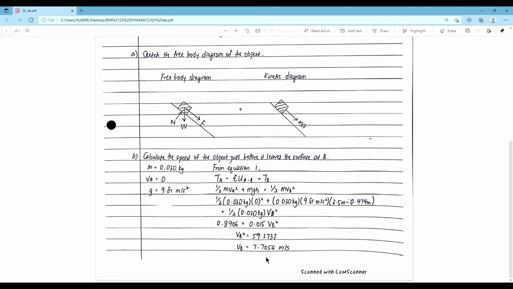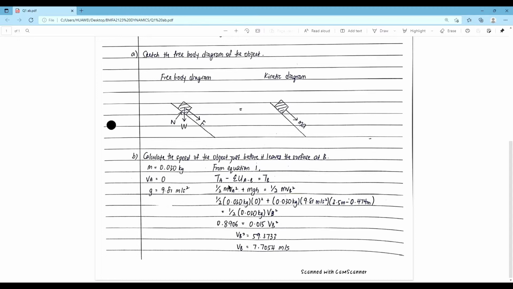Question B is to calculate the speed of the object just before it leaves the surface at P. So we need to obtain our information: mass equal to 0.030 kg, VA is equal to 0 because it is the initial velocity, and the gravitational acceleration is 9.81 meter per second squared.